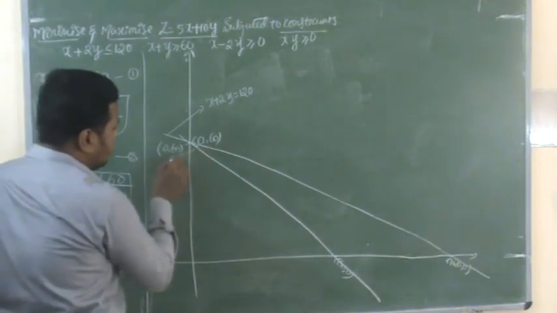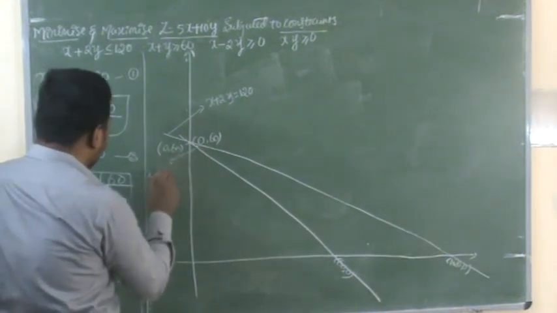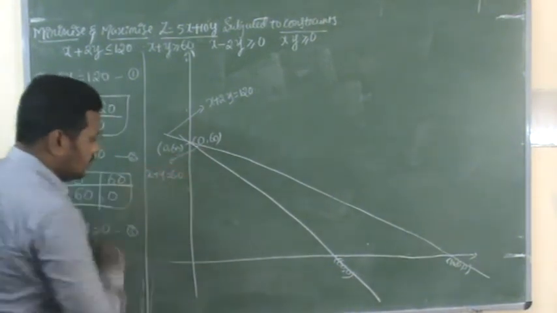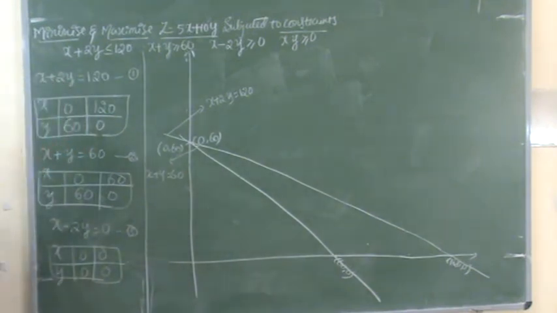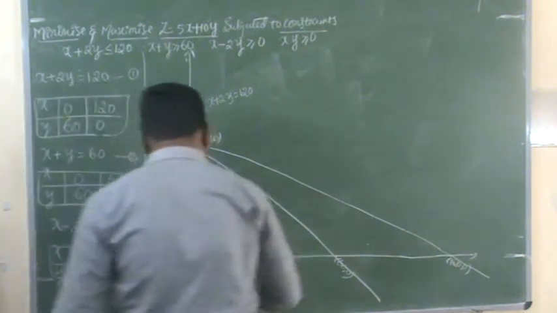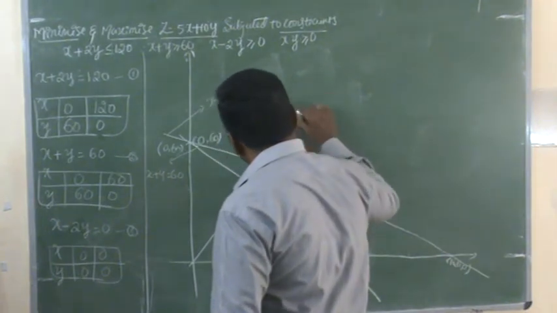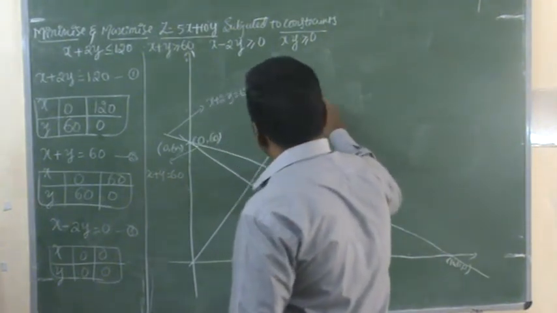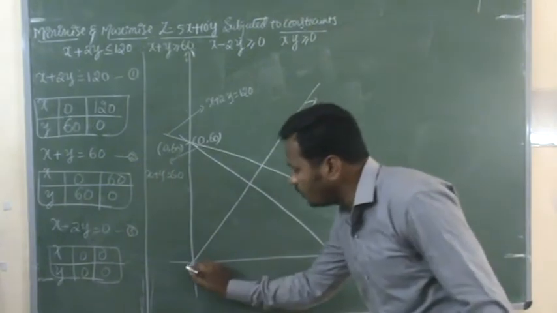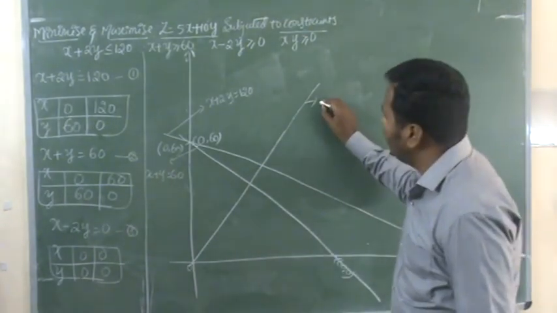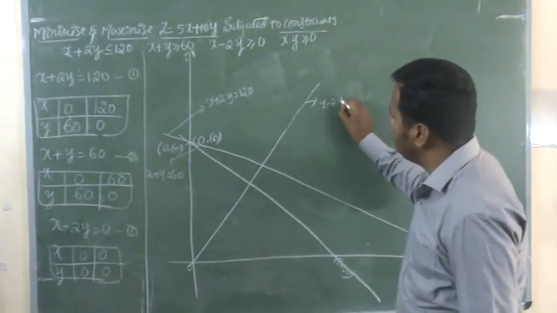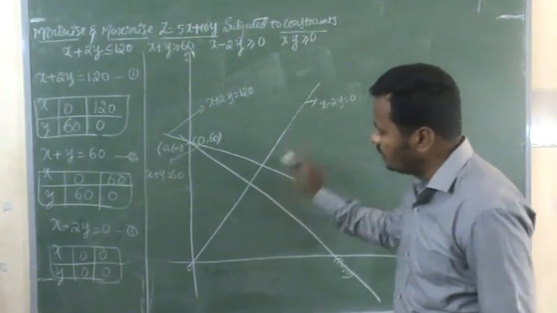This is the equation of the line x plus y is equal to 60. Now, x is equal to 0, y is equal to 0, and y is equal to 0, x is equal to 0. The line passes through the origin. Therefore, x minus 2y is equal to 0 is the equation of the line.